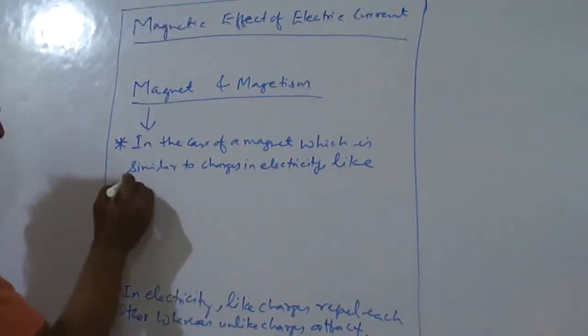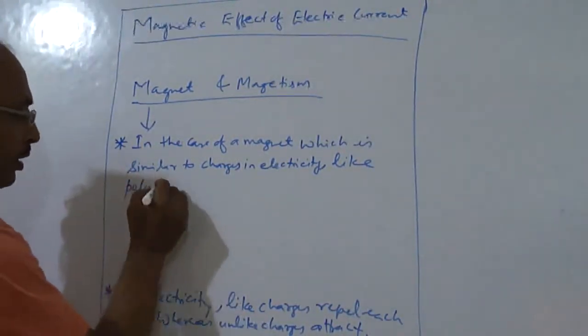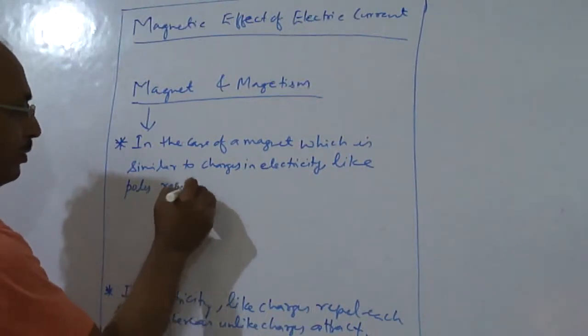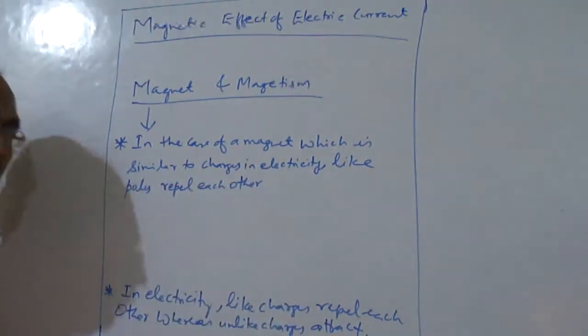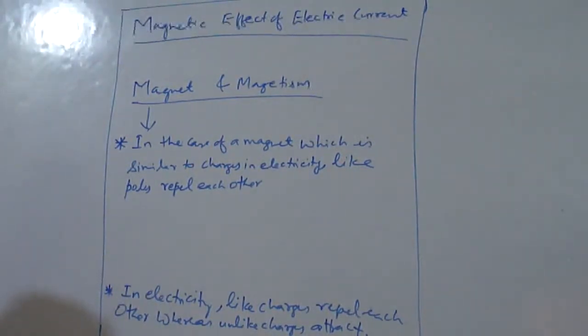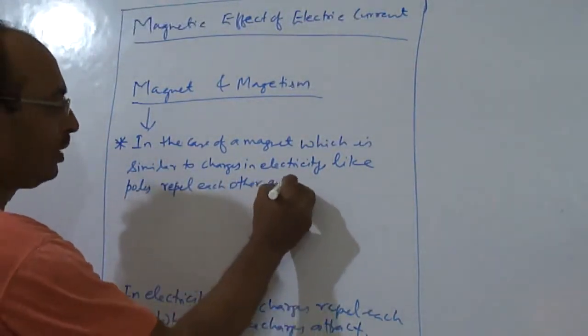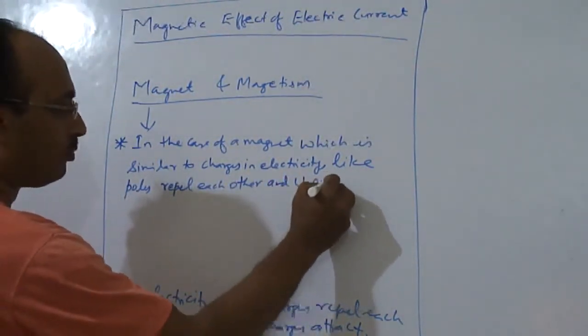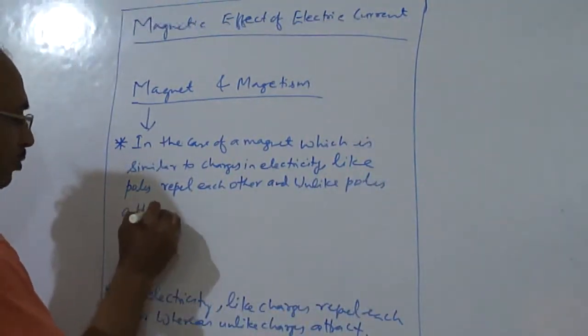Like poles repel each other, correct? Yes, sir. As you already know, a magnet consists of two poles, correct? So like poles repel each other and unlike poles attract each other.